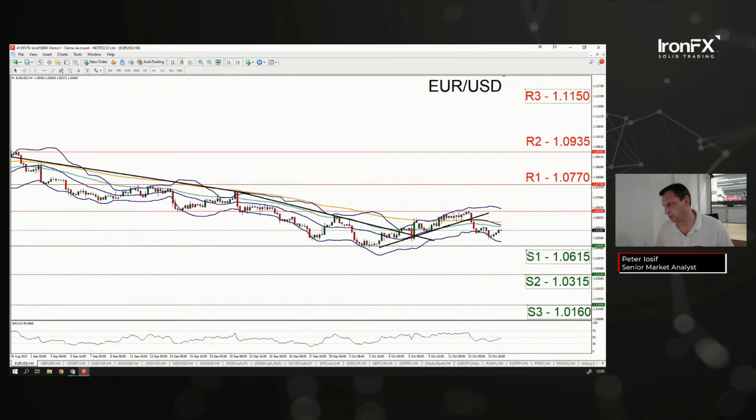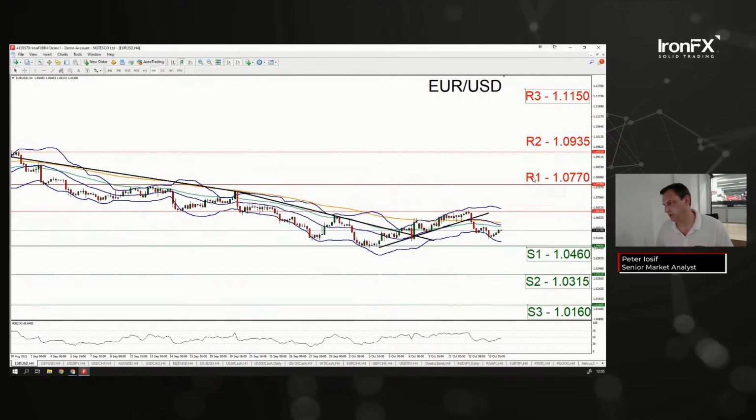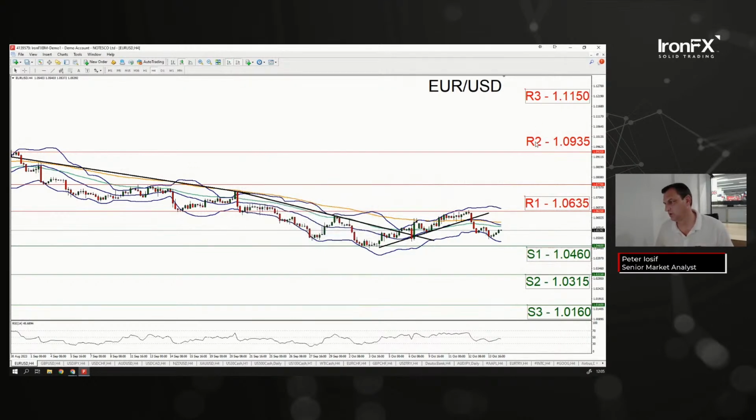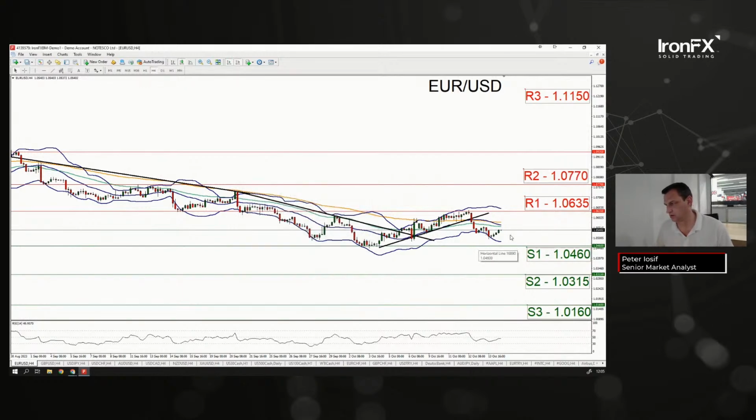The S1 at 1.0460. The R1 at 1.0635. The R2 at 1.0770. And finally, the R3 at 1.0935.